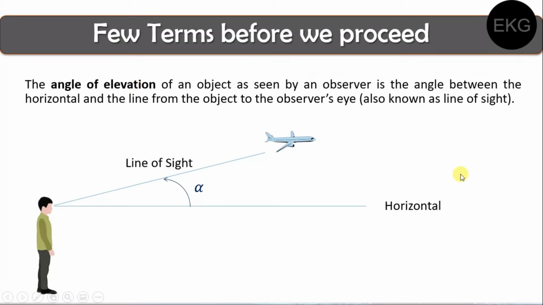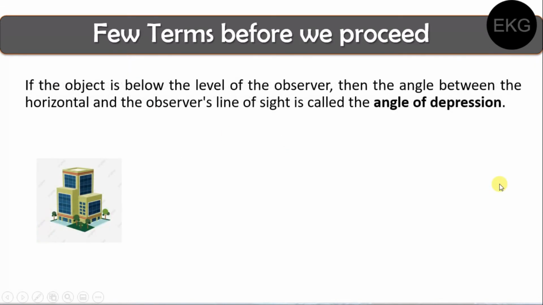Okay? Now, the next term that we need to consider is the angle of depression. Okay? So if the object is below the level of the observer, then the angle between the horizontal and the observer's line of sight is called the angle of depression. So in this particular case, we have a building. On top of the building stands Timmy. Okay? And then, at the bottom of the building, on one of the roads, there is Cynthia. This lady.